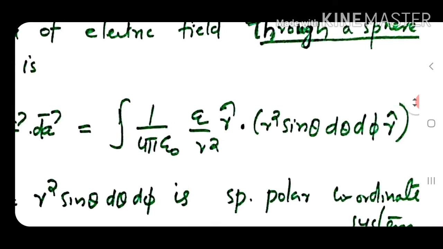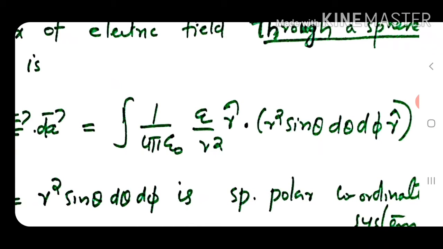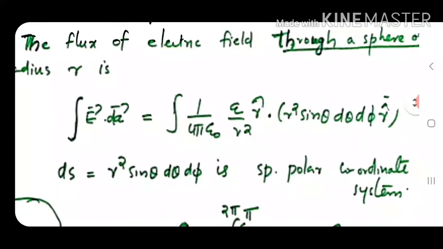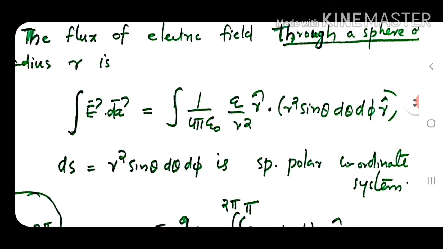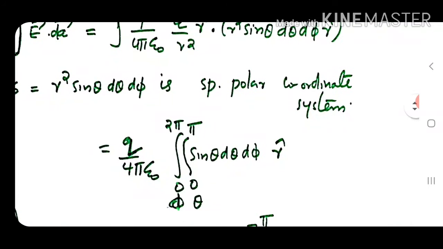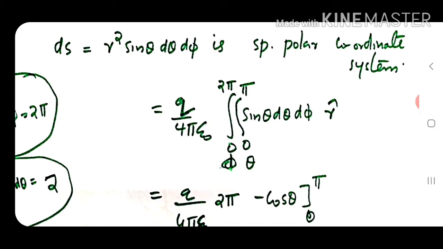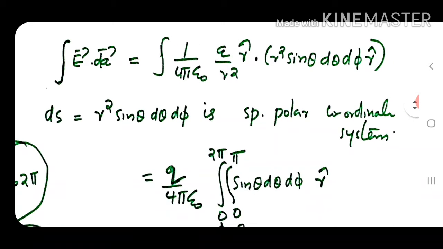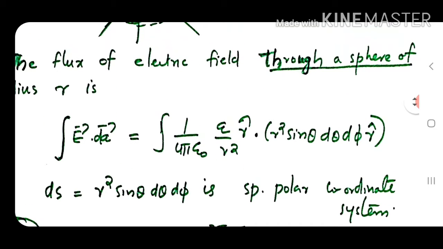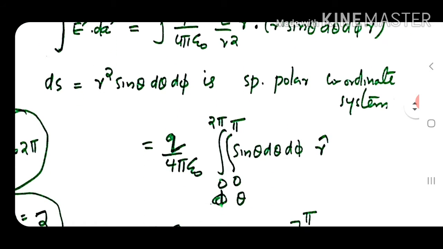The r square in the denominator of the electric field gets cancelled by the r square in the area element dA or ds. So we are left with sine theta d theta d phi. That unit vector r will not be there because r-hat dot r-hat is 1.